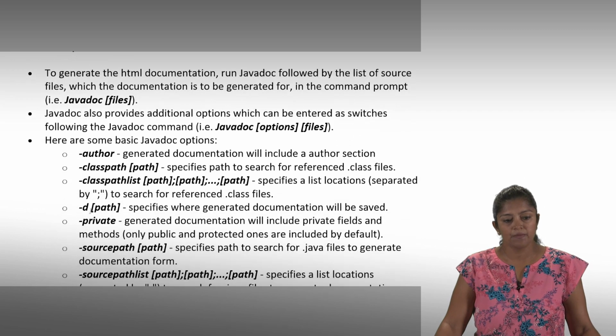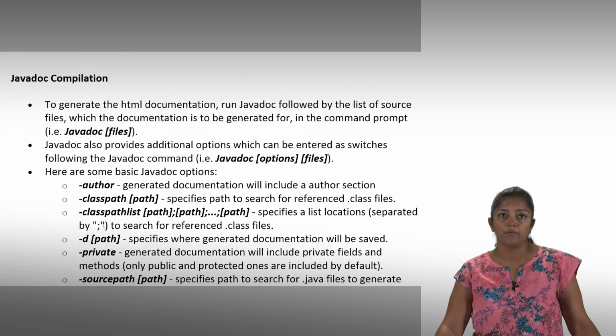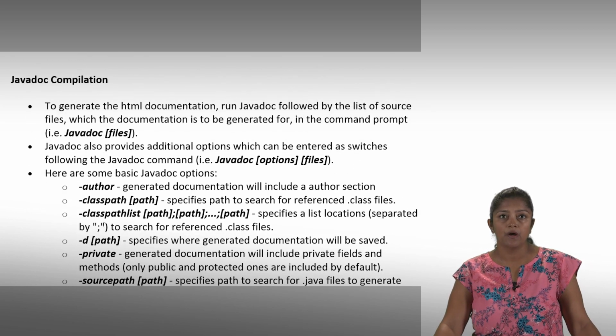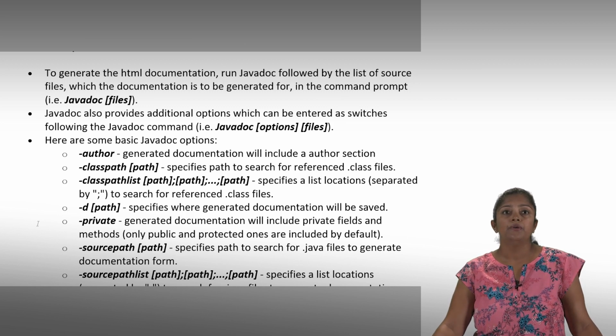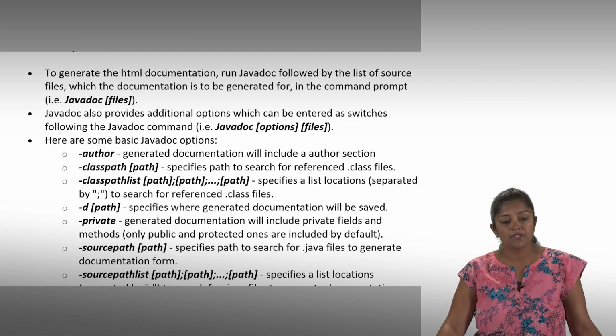The next thing is about compilation. Once you've written all of these comments in your code, how do you generate the HTML documentation? There are two ways in which you can do it. You can do it from the command prompt using the Javadoc command, just like you use Javac to compile a Java program and Java to run a class file. Similarly, Javadoc will generate the documentation.